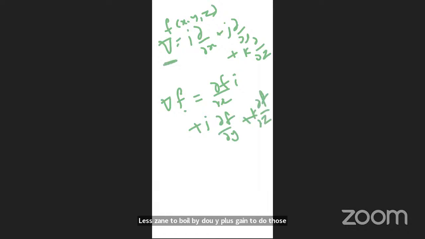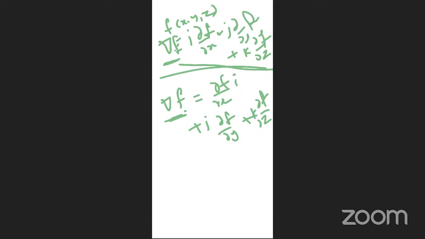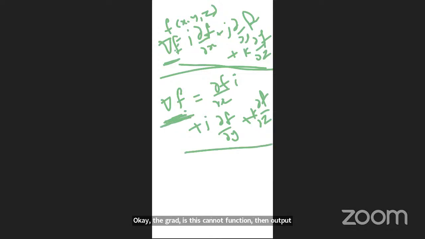Gradient is a scalar valued function, then the output del f is the vector valued function. This is the gradient: grad f is equal to i dou f by dou x plus j dou f by dou y plus k dou f by dou z.